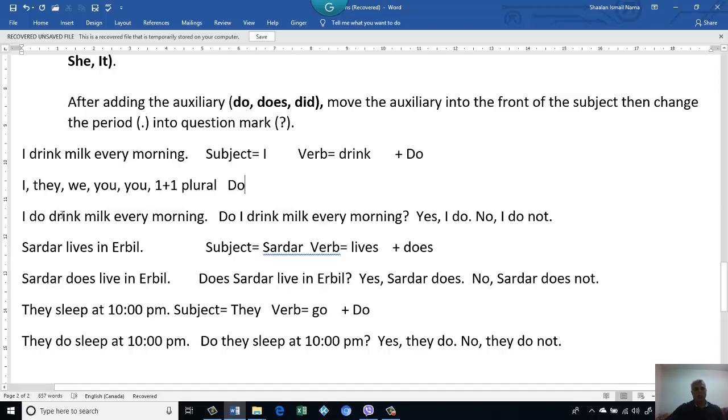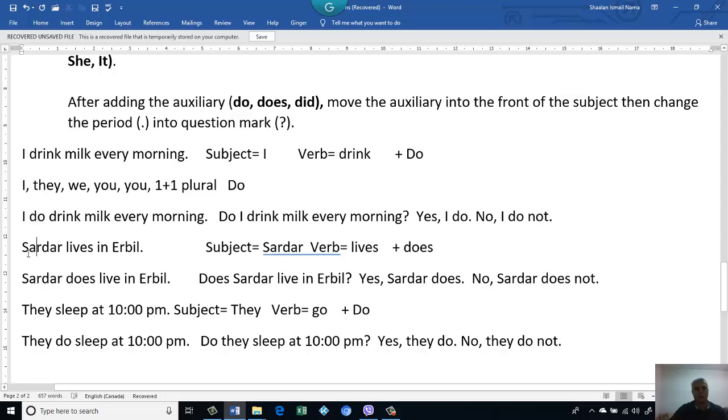For example, we add do, say I do drink milk every morning. Now it's going to be easy to make it a question, because here I have the auxiliary verb, which is do. Then I take do and put it in front of the subject. You say, do I drink milk every morning? Yes, I do, or no, I don't.